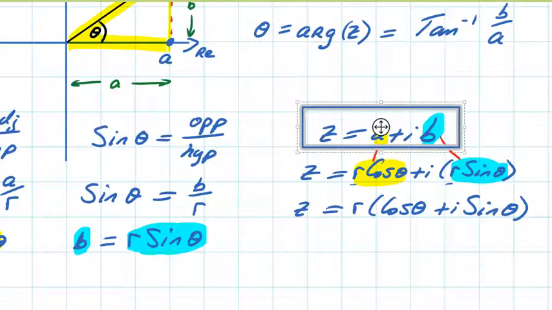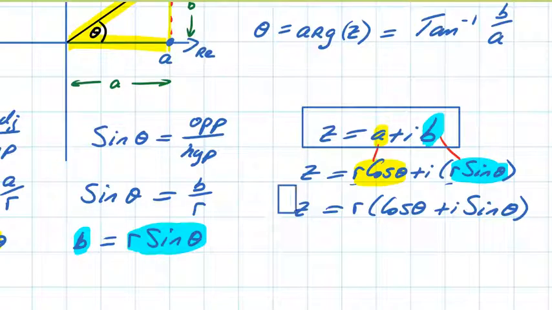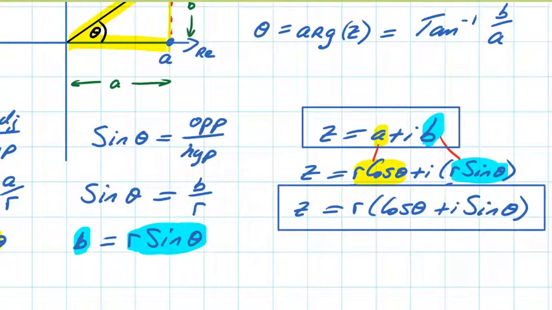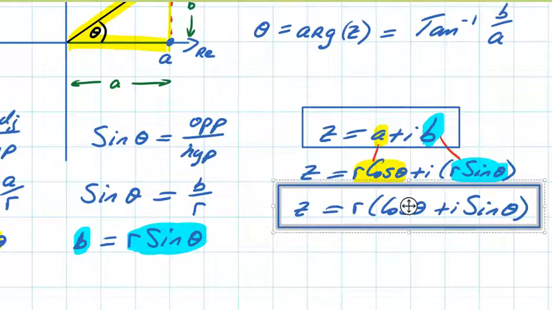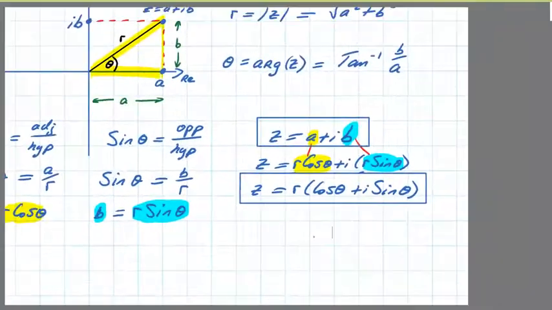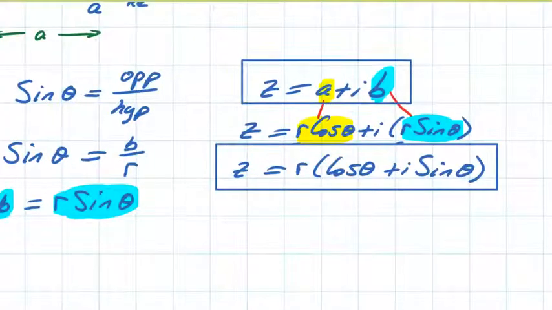We've now taken a number that was in Cartesian form and converted it to polar form down here. The old form was in terms of a and b. The new form is in terms of r and theta. And the link, of course, is also there. We've shown the link above. The link is that r is the modulus of z, which is the root of a squared plus b squared.